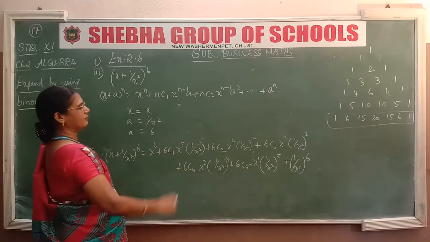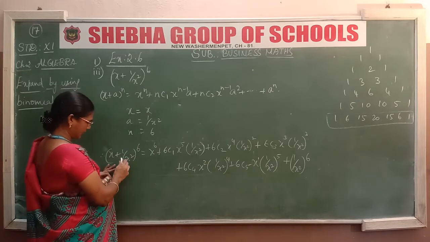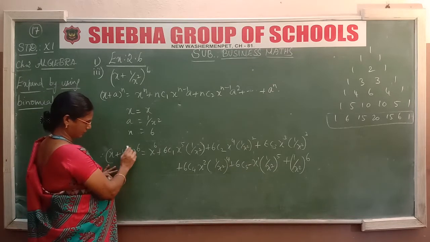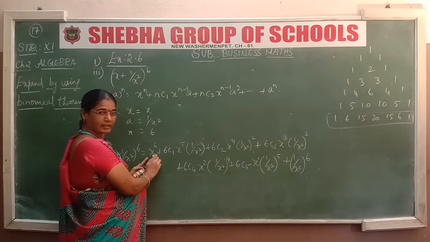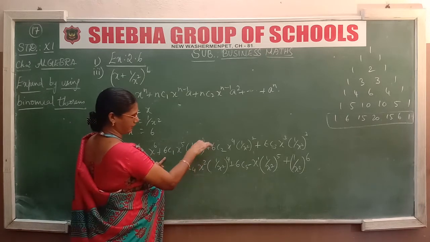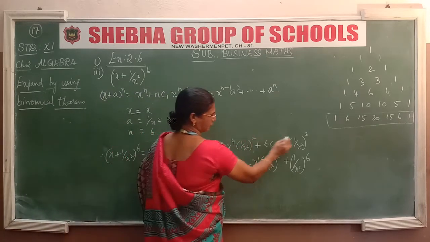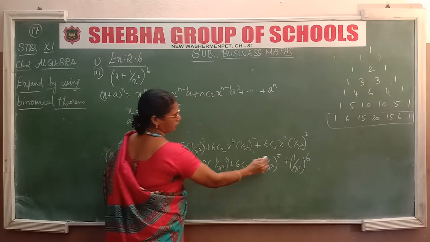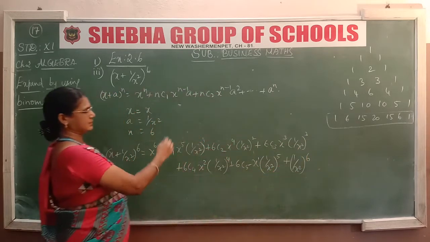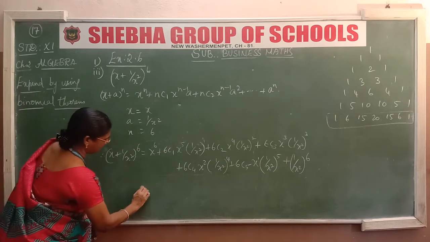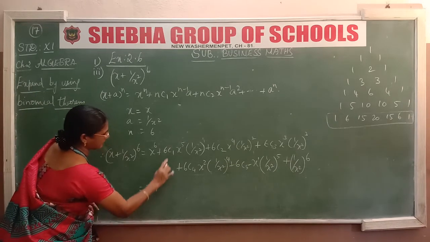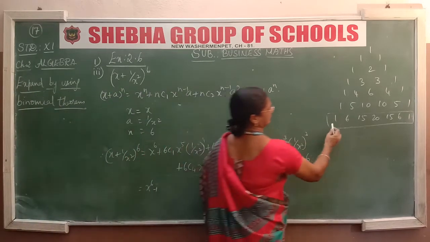So we leave that x power 0. Next a, this is 1 by x square, isn't it? 1 by x square does not come in the first term; in the second term it is 1 by x square power 1, next term power 2, 3, 4, 5, 6. First check this and then write x power 6, 6c1, 6c2 and all this.